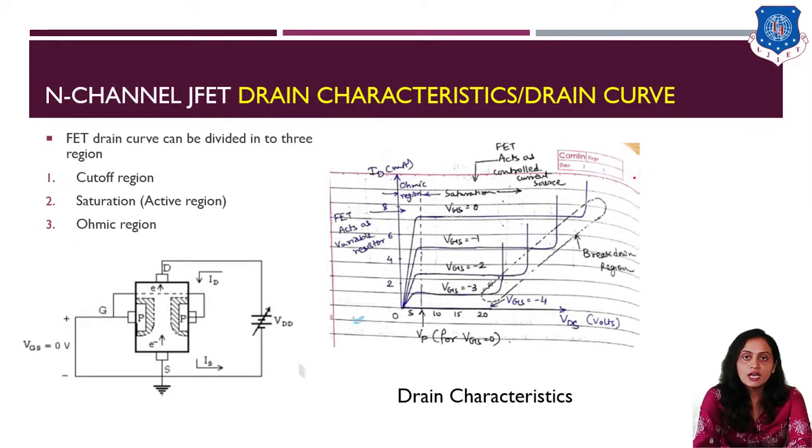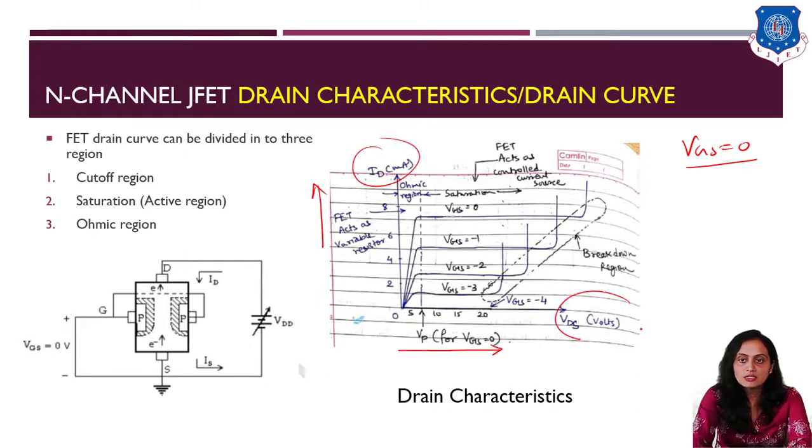Now we will see how the drain characteristic will be plotted, and for that first we are considering, let's say, VGS is equal to 0. VGS is 0, kept constant, then we will keep on increasing this drain to source voltage, and ID is on the y-axis, and VDS is on the x-axis. We are plotting.